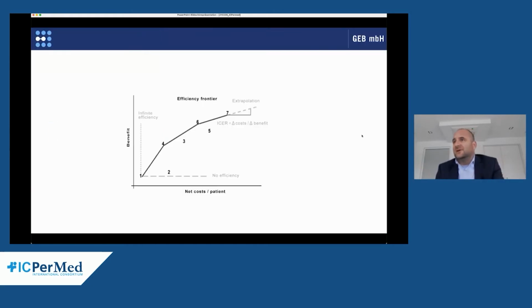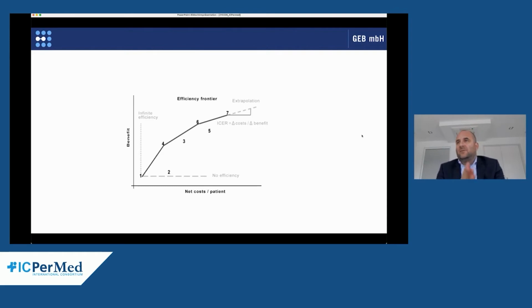It's a very easy vision because it just shows you an efficiency frontier. It's not important that this is one of the decision-making rules. If there's a cost-benefit or cost-effectiveness analysis in Germany, you can transform this to every decision rule which is being used, if it adheres to a certain algorithm and if it is transparent.